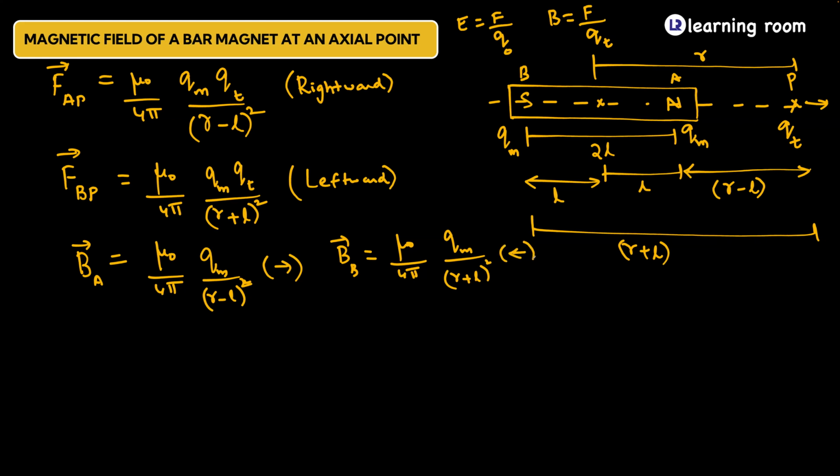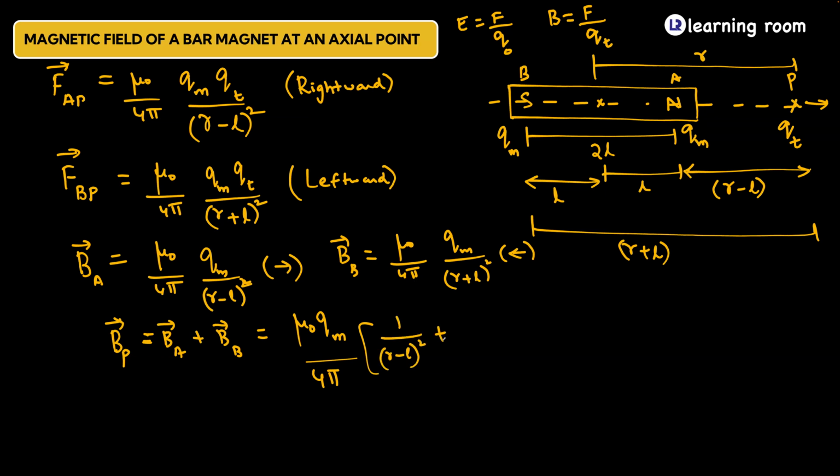So what will happen to them? The net magnetic field at point P is equal to B_A vector plus B_B vector. So what will you take out common? Mu naught into Qm divided by 4 pi into 1 by (R minus L) the whole square, minus, sorry, not plus, I should write minus here.